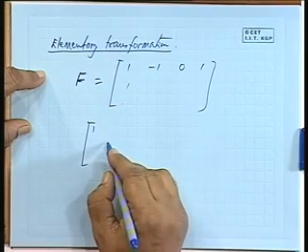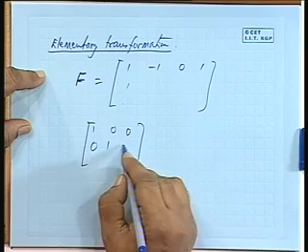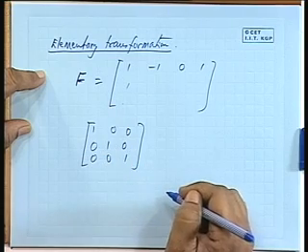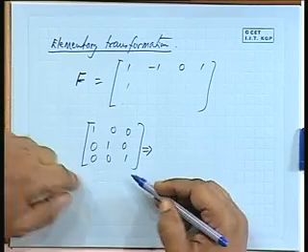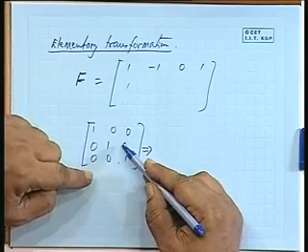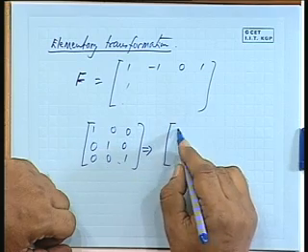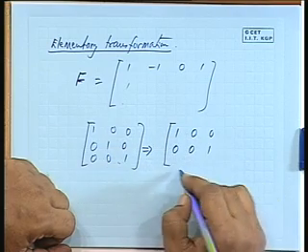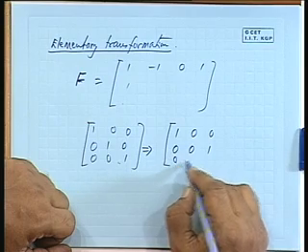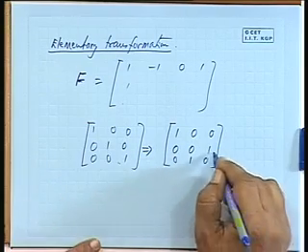You consider a unity matrix, say, this is the identity matrix. Suppose I interchange these two rows, row 2 and 3, then what do I get? 1, 0, 0, 0, 0, 1, 0, 1, 0. This is an elementary matrix.